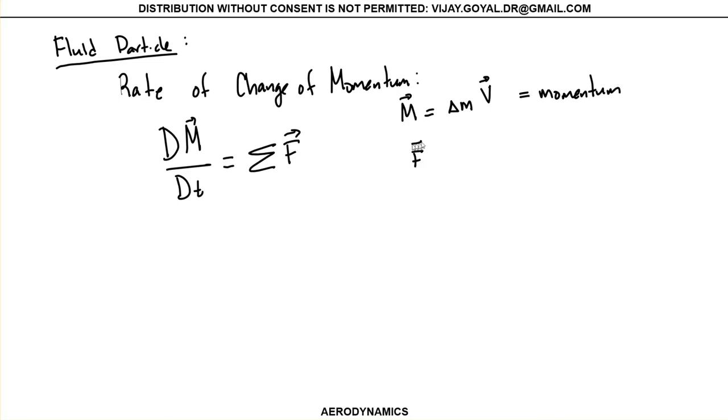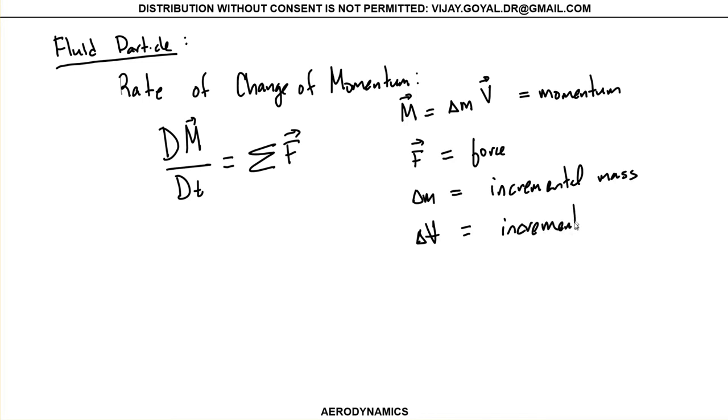F is the total force acting on that particle. And then delta m will be the small incremental mass, and delta V is going to be this small incremental volume.